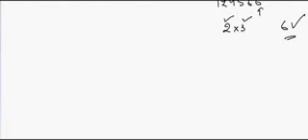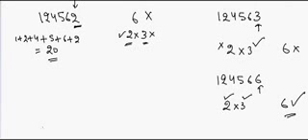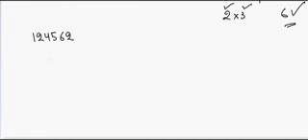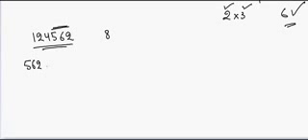Now let's go for 8. So now we have 1 2 4 5 6 2, and we want to find out whether this number is divisible by 8. So in that case, we'll take the last 3 digits and see if 5 6 2 is divisible by 8.